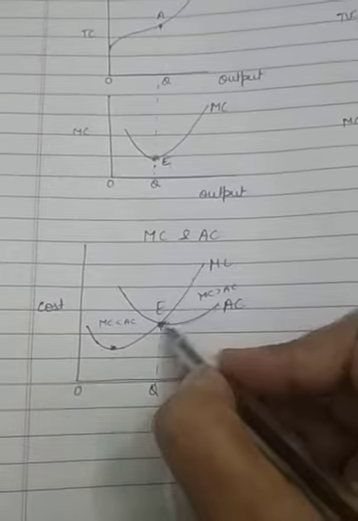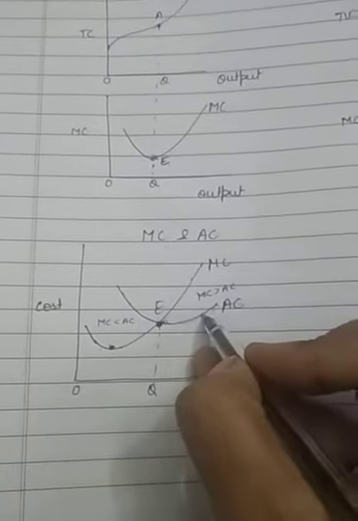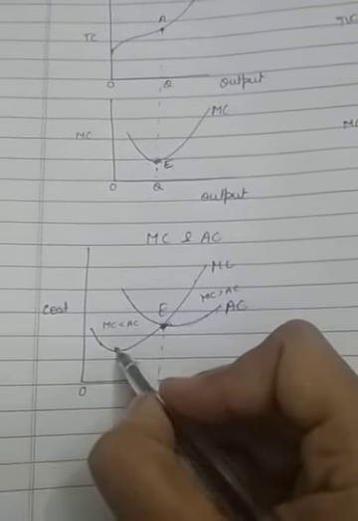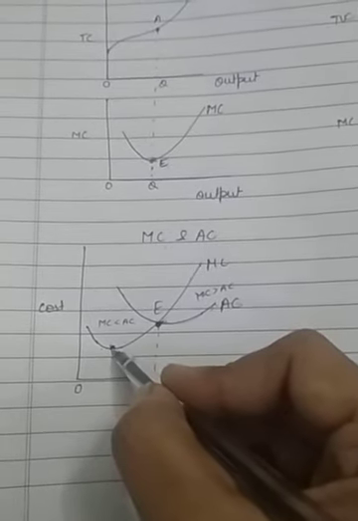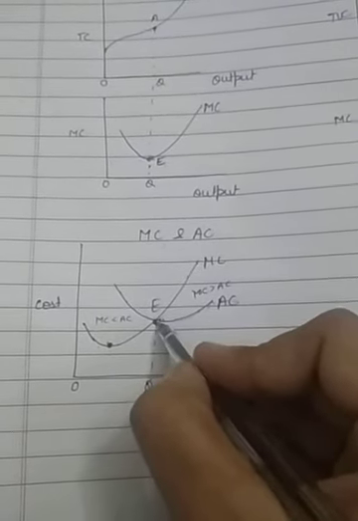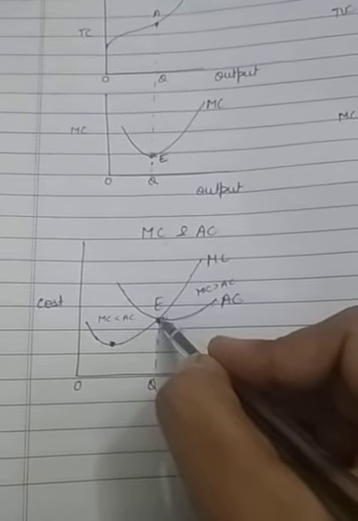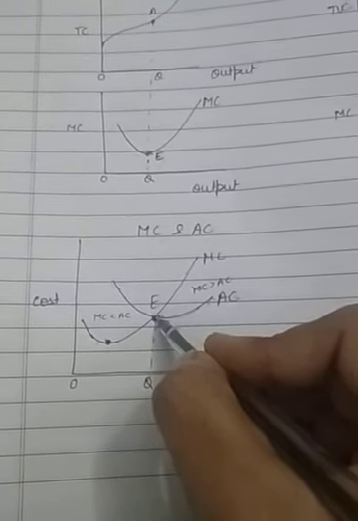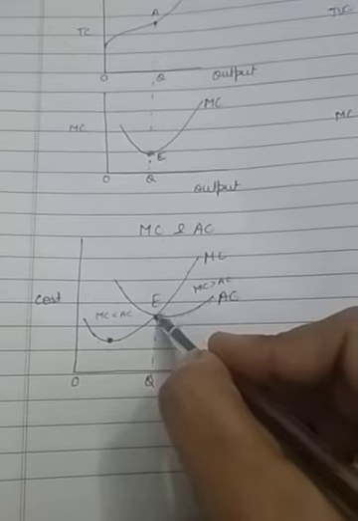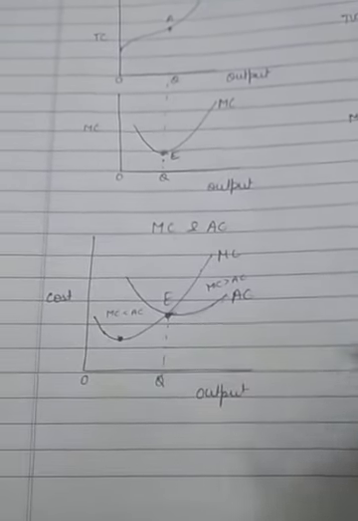This is the minimum point of the AC curve, but MC's minimum point is this one. Okay, so MC cuts AC at its minimum point or the lowest point, and in other words, when AC is minimum, MC is equal to AC. This is the third relationship.